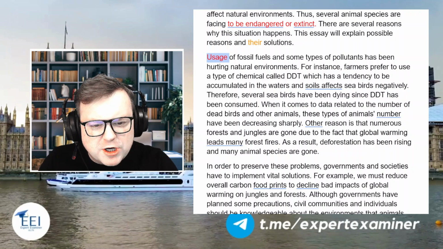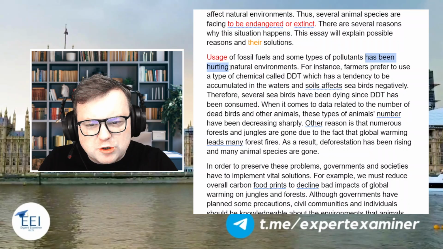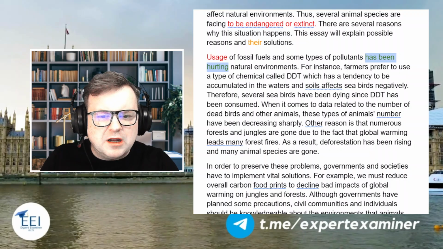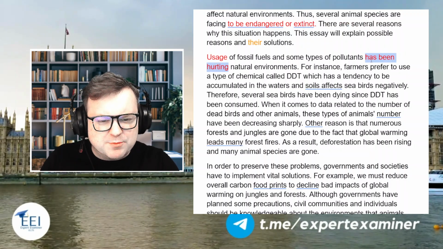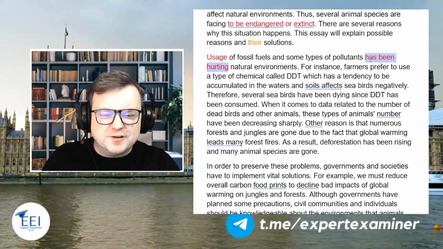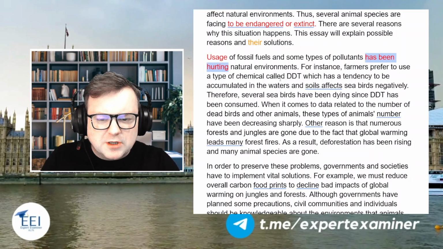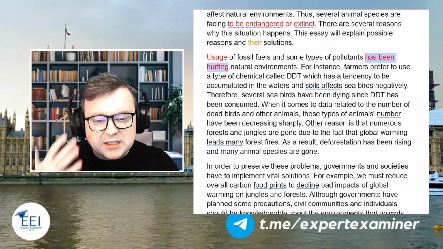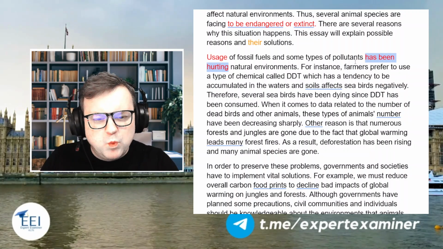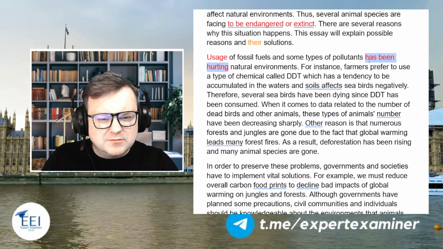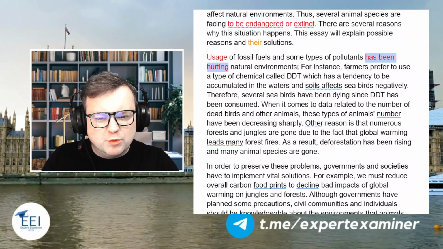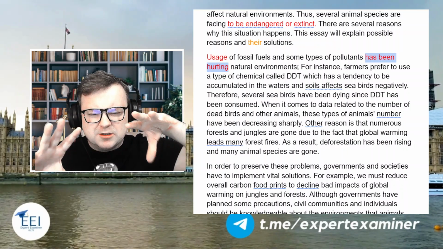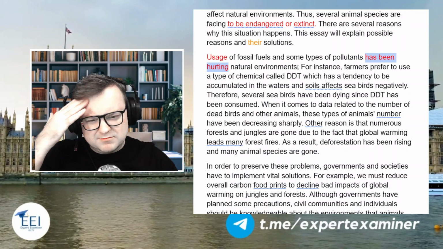So it seems strange to use this has been hurting without any reference. When we use this present perfect continuous, very often it's about how long, right? So has been hurting natural environments for decades, for centuries, for millennia, something like this, without any time adverbial or any other adverb or a previous context-building sentence.